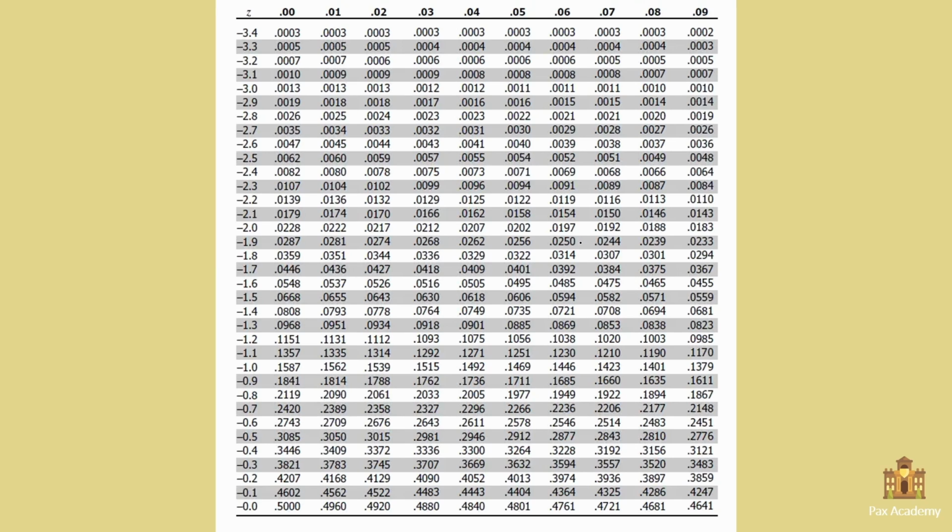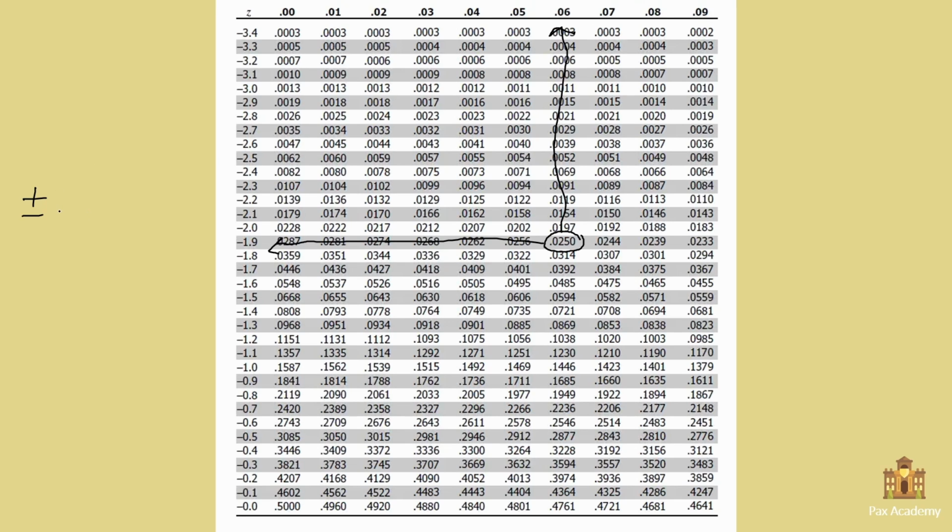Now, in this case, it happens to be right here. So as you can see, 0.025. Then what we need to do is go horizontally and vertically in order to form the critical value. Going horizontally first, we get minus or plus 1.9, and then the decimal places is 0.06.